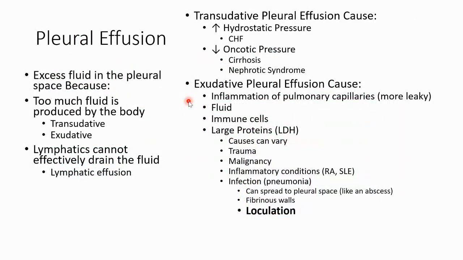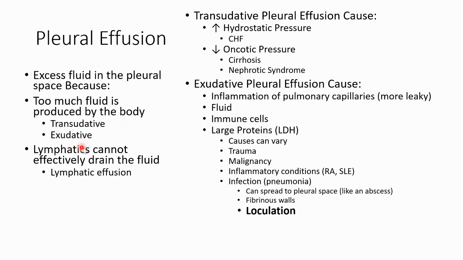So this slide right here looks a little busy, but again, excessive fluid in the pleural space. Why is there pleural fluid in the pleural space? Too much fluid is produced by the body. We're going to talk about what causes the body to produce too much fluid that's going to leak into the pleural space.